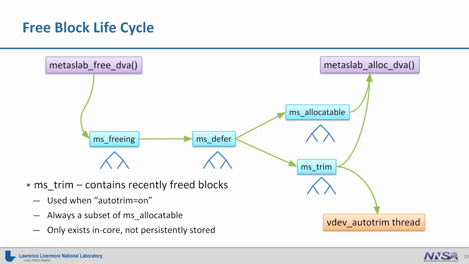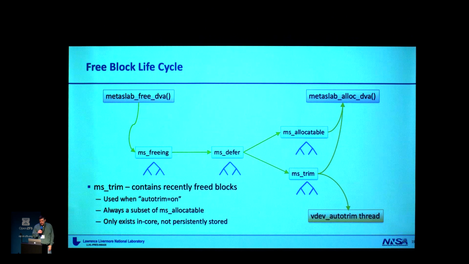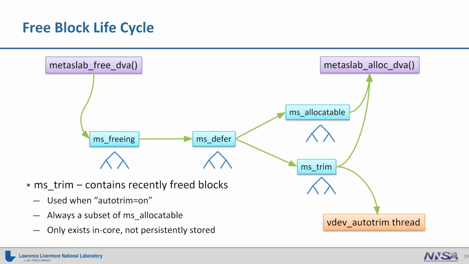So to make this work, there's one more piece of the puzzle, and that's the free block life cycle in ZFS. When you have a block and it's really a free block, you're really about to free it, and it's not referenced by a snapshot anymore, the block gets added to the ms_freeing tree. This is a tree that's also attached to each metaslab.